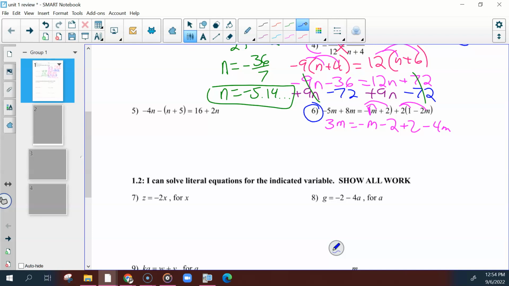So -m minus 4m and -2 plus 2 would cancel, become 0. If you wanted to, you could put plus 0, or you could leave it just like this. You still need to get your variables on the same side, but you have a choice. You can move 3m over by subtracting, or 5m over by adding. It does not matter.